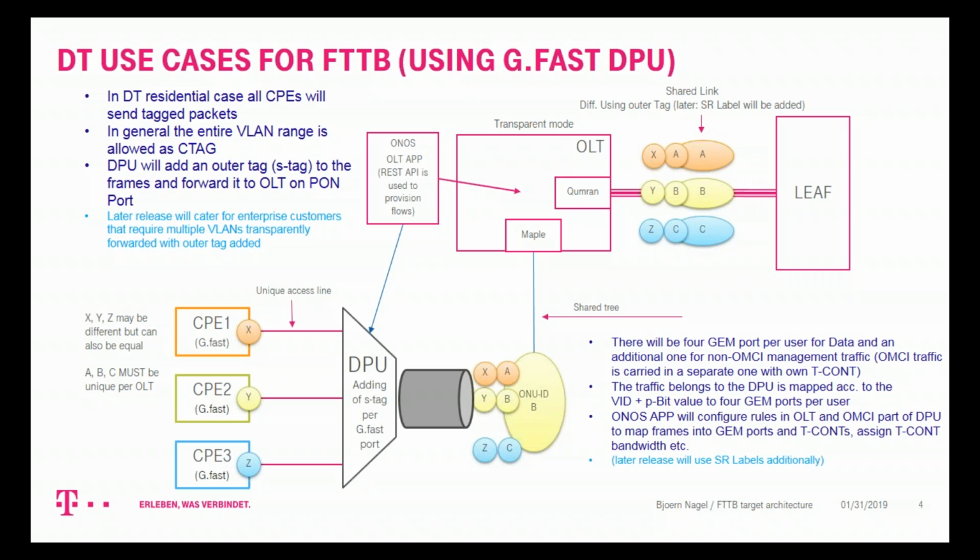If for certain reasons we come in the discussion to the point where we say that it makes no sense to implement this feature in the OLT, then it can also be done at the leaf side. The question is how we realize it.